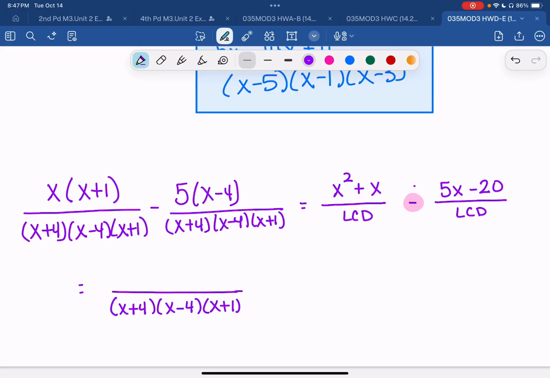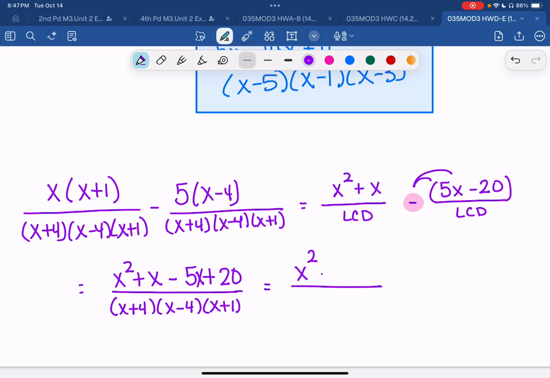You have to make sure that you subtract everything in that second fraction. So x squared plus x minus 5x plus 20. Everything here needs to be subtracted, meaning all those signs have to change. So just be careful with that.